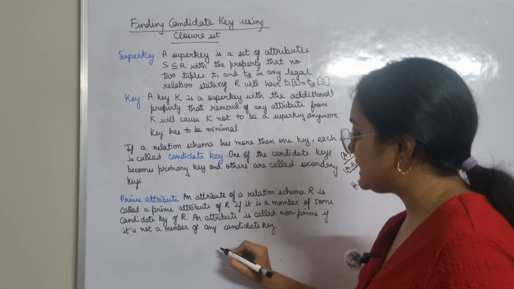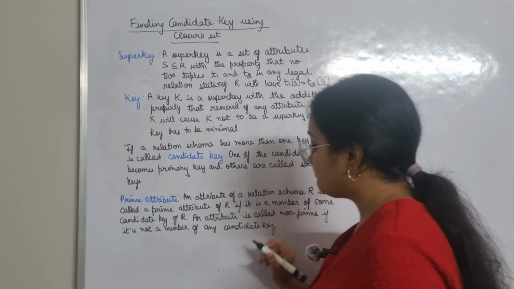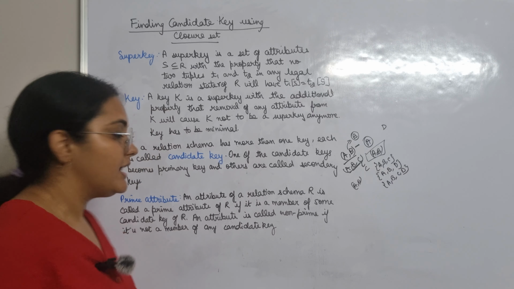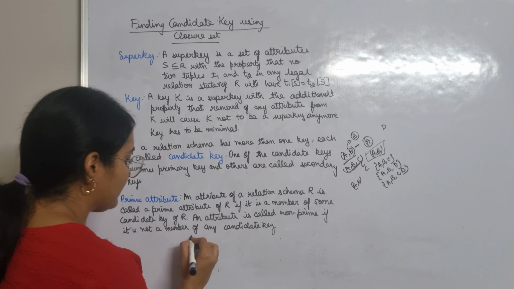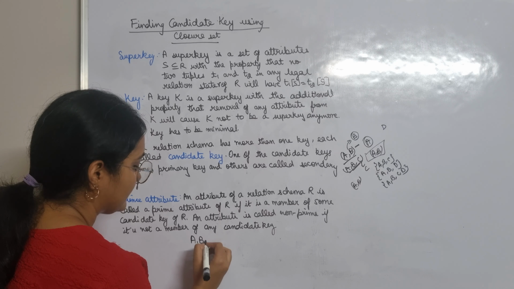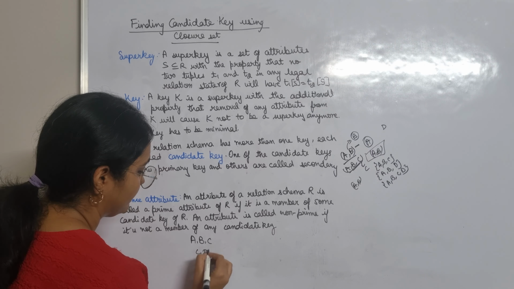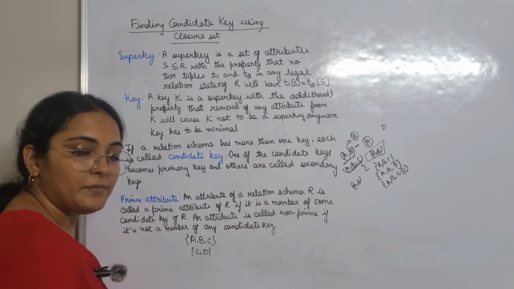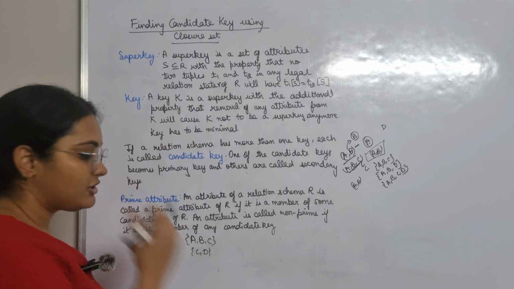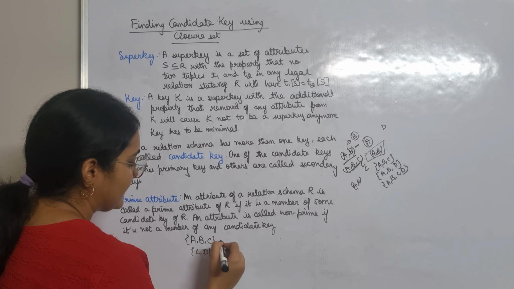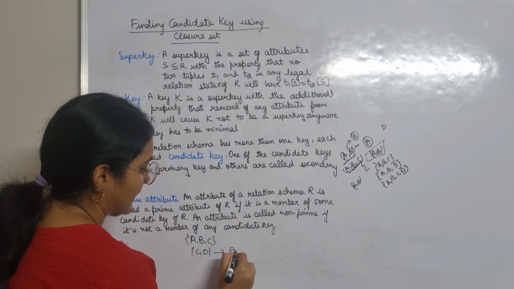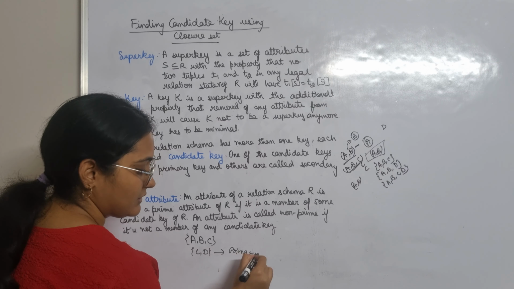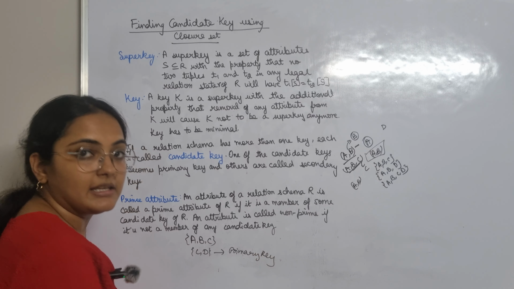For example, let's say in the relation schema we have two keys, ABC and CD. These keys have been identified, that is, using these two we can uniquely identify each tuple in the relation schema.